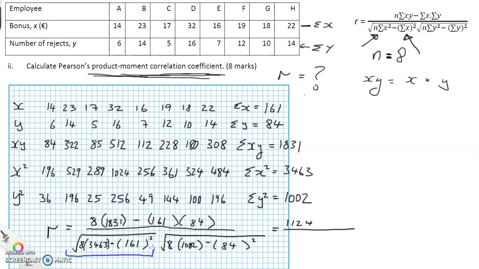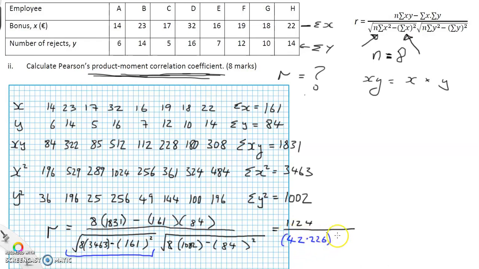So I'm going to go square root, and underneath that I have 8 multiplied by 3463 minus 161, and I use the square key. Press return. I get 42.226, right? That's rounded to 3 decimal places.